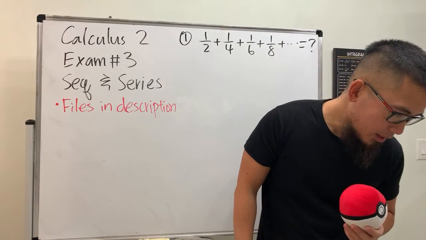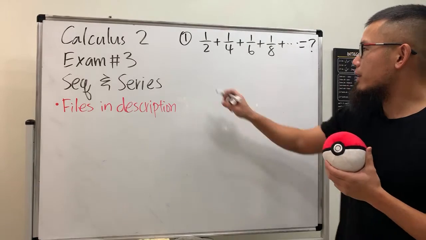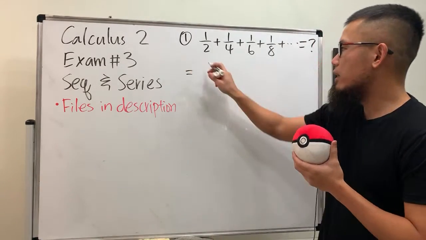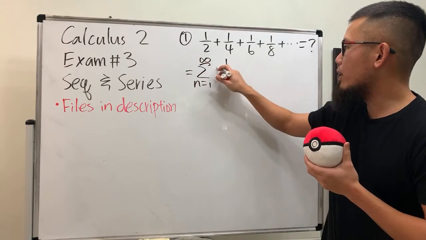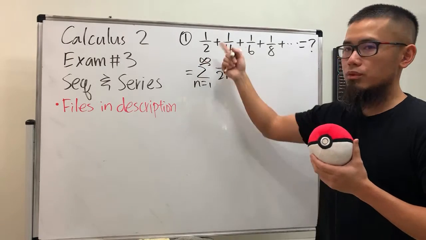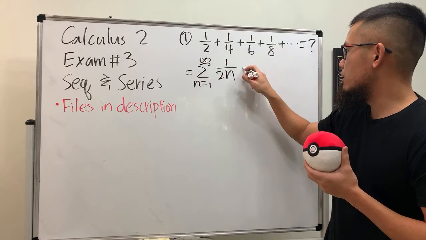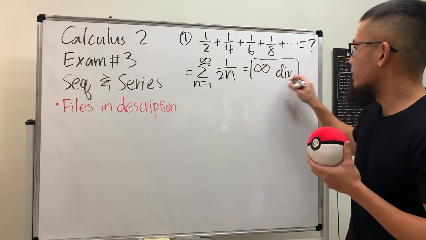If you put it into sigma notation, you can see right away this is the sum as n goes from 1 to infinity of 1 over 2n: 2, 4, 6, 8, and so on. So this is just going to be infinity, namely it diverges. So that's the first one.